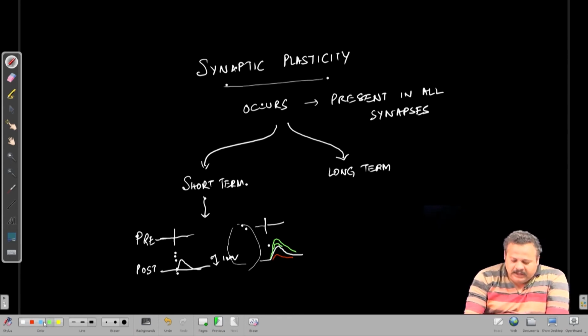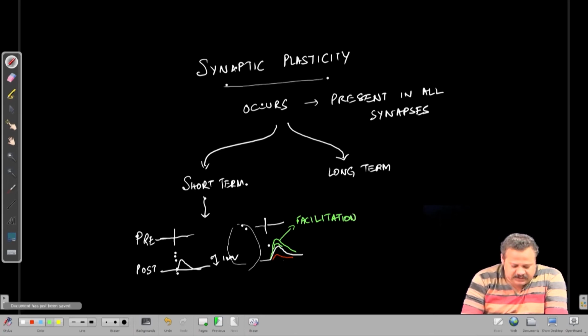So, in the green, what we are showing is facilitation or potentiation, and in the case of the red one, where it is reduced, it is called depression.